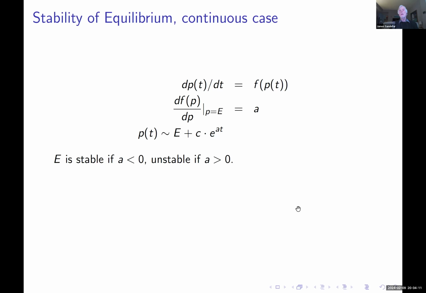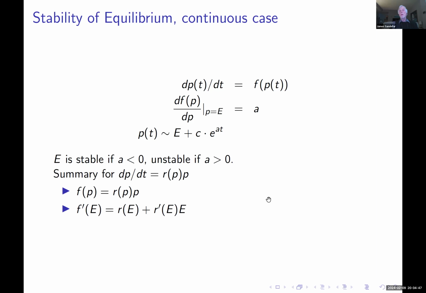For the continuous differential equation, we take the derivative of this function with respect to p, evaluate it at the equilibrium value, and we get some value a. So near the equilibrium value, the population behaves like this function. From this, we can see that if a is less than 0, the equilibrium value is stable, and if a is greater than 0, it's unstable.